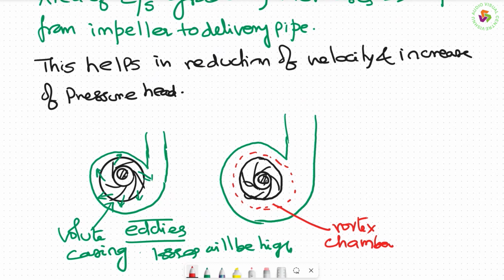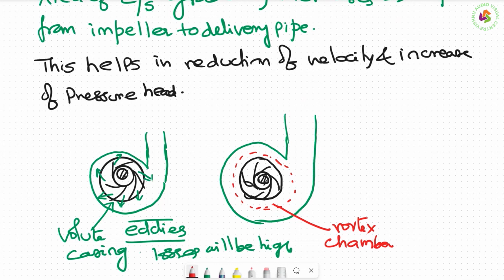The casing is such that more space is provided surrounding the impeller, not just directly coming out of the impeller and driven to the delivery pipe. There will be a circular portion so that the water will be rotating there. Thereby the eddies are reduced, the cross currents are arrested, and then it enters the delivery pipe. The losses will be less.